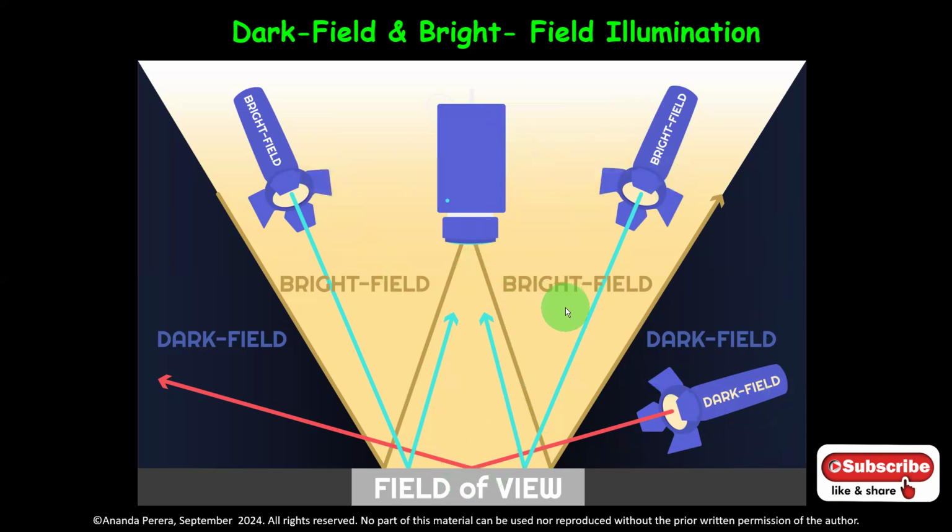Now you can understand the difference between bright field view and dark field view. It is 1 out of 7 lighting conditions I explained here. We have to watch in dark field or bright field illuminations to see the inclusions. So remember that.